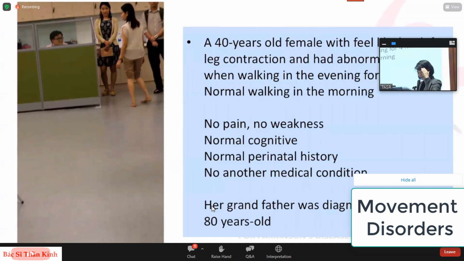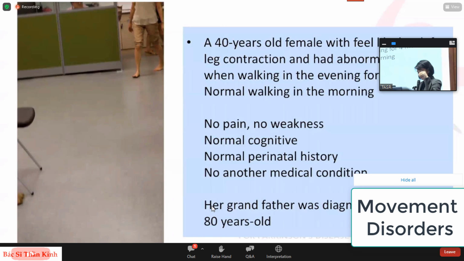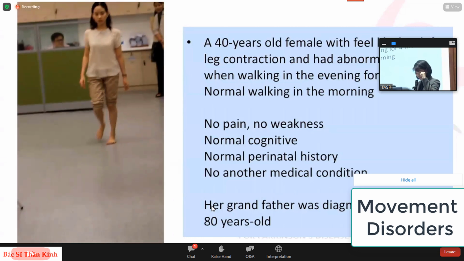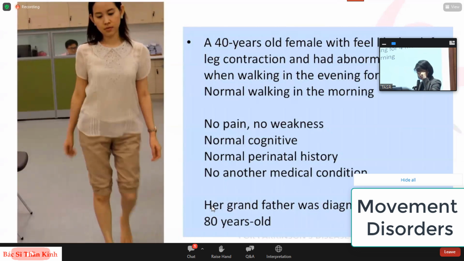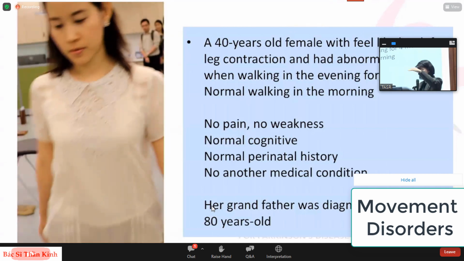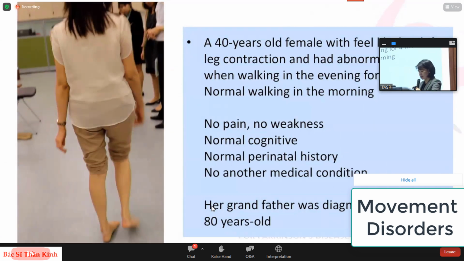You will see a little bit of abnormal posture on her left leg, very mild, like the internal rotation of her ankle.